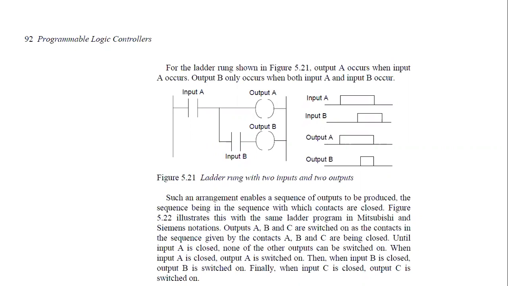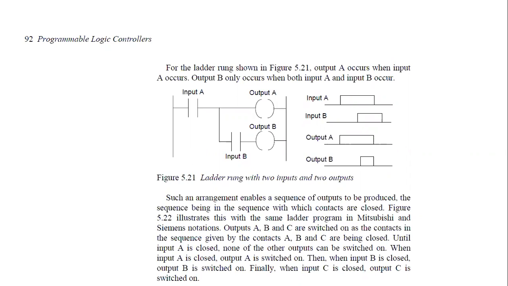But for the input A, this is supposed to control both outputs, and also it acts as the main switch. It acts as the main switch. So therefore, the only time you're going to have an output in coil A is when you have input A activated.